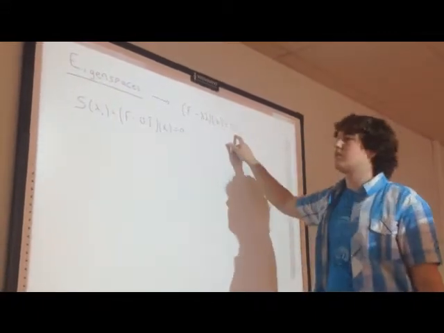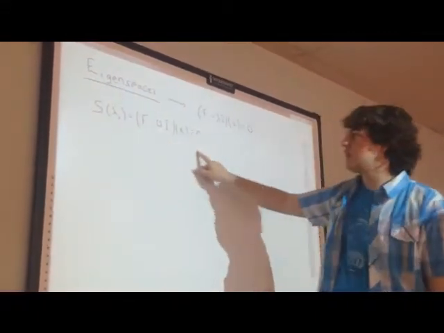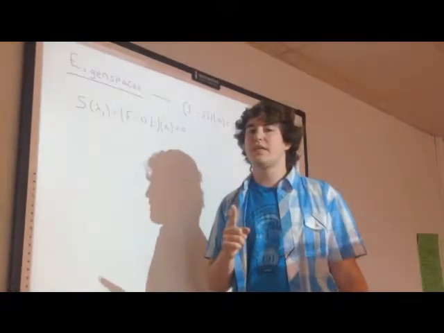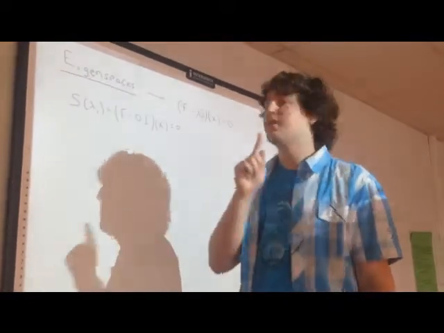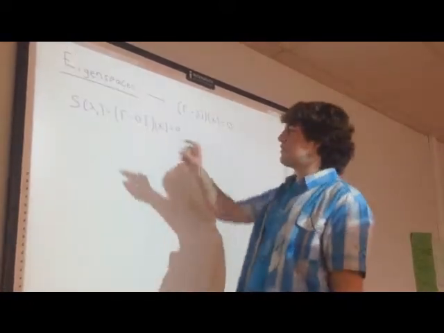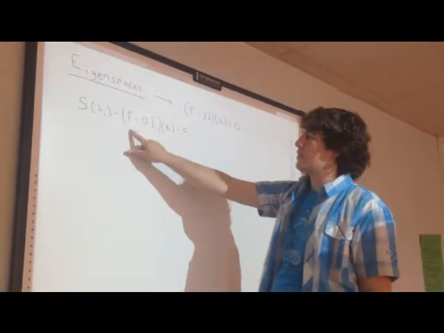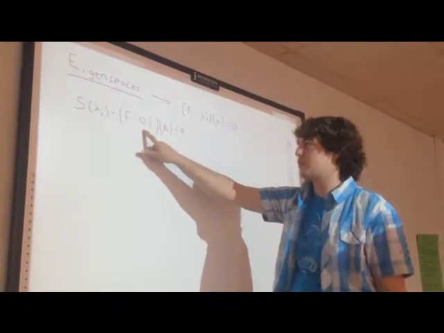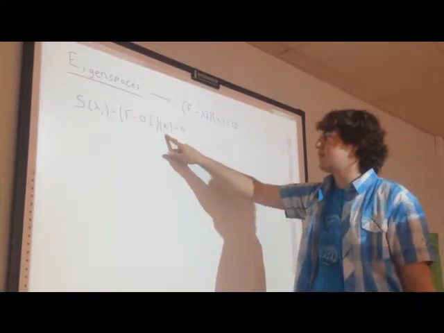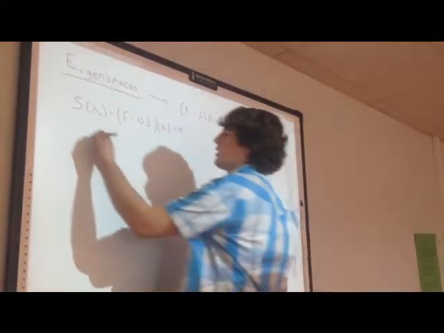All this equals 0. As an example, for lambda 1, the first eigenvalue, we had a value of 0. So let's get into it.